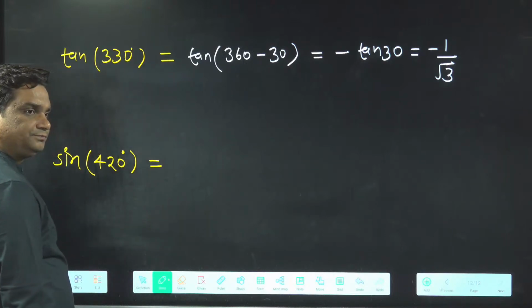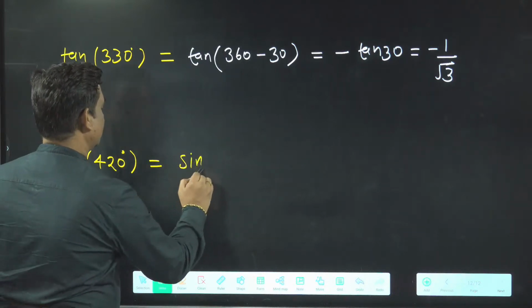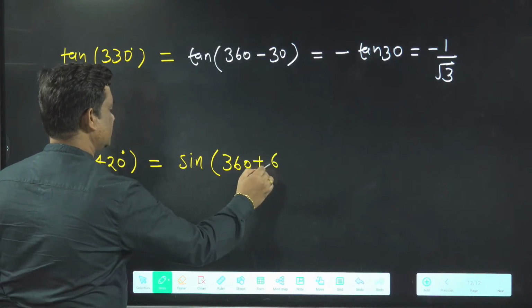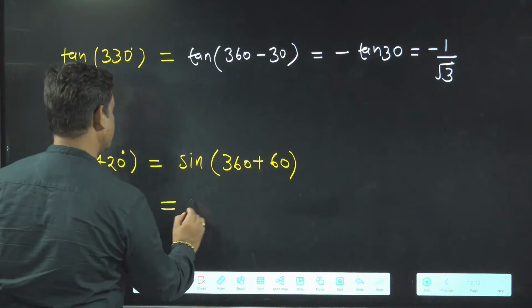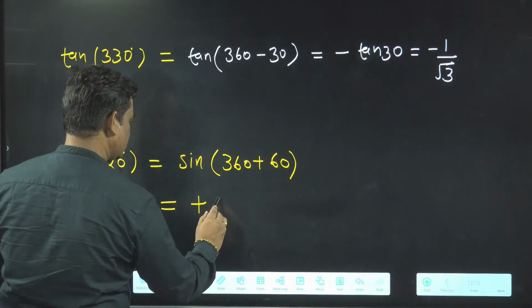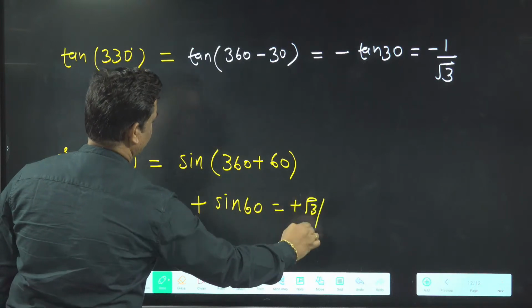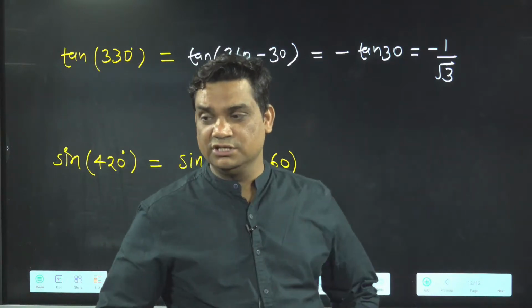Okay, so what we can write here is sine of 360 plus 60. Now sine of 360 plus 60 is in the first quadrant, so it is going to be positive. 360 will never change. So sine 60, the answer becomes plus root 3 by 2. Okay, done.